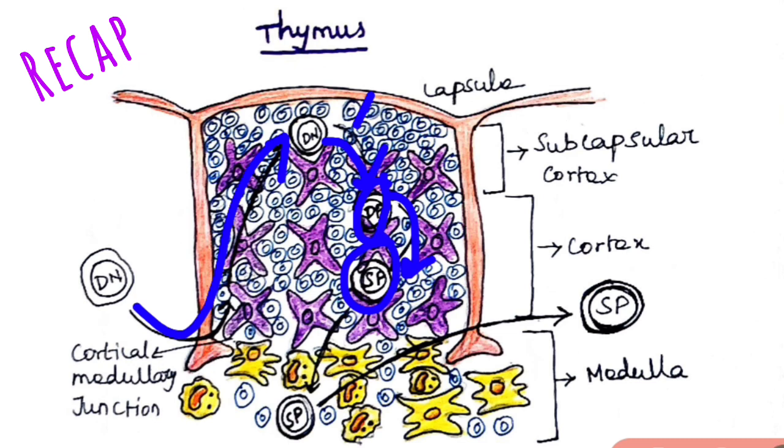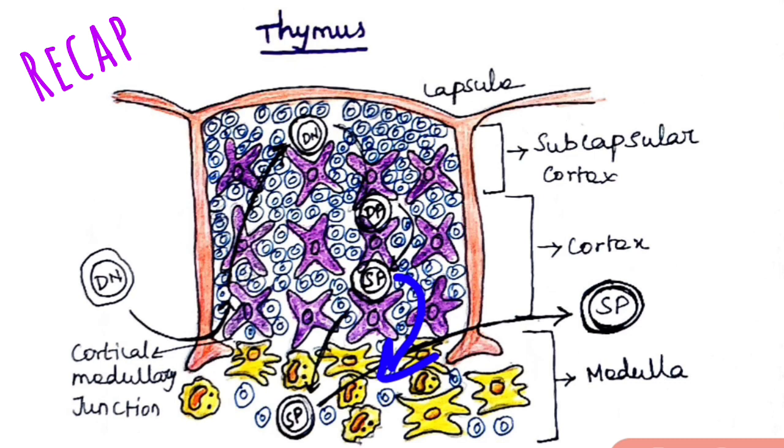The cells which fail positive selection are eliminated by apoptosis. Then these single positive cells enter the medulla where negative selection takes place. Here the single positive cells are exposed to self antigens, presented by antigen presenting cells such as dendritic cells and macrophages, and also by the stromal cells present in the medulla, known as medullary thymic epithelial cells.